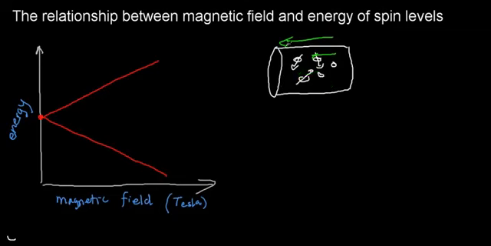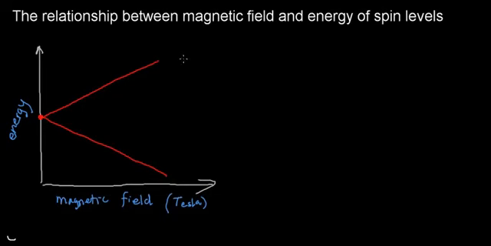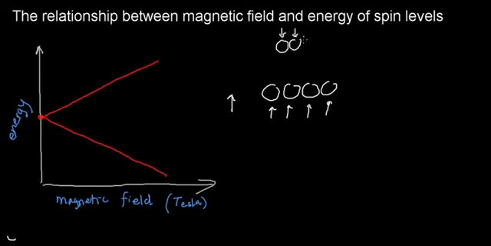What I mean by that is that we already learned in the last video that we have a distribution of nuclei that spin with the magnetic field. This is the magnetic field direction, and a few that spin against, or orient against, or anti-parallel or unfavorable to the magnetic field.